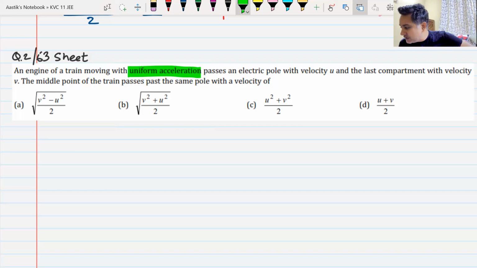The last bogie, the last compartment, passes the same pole with a velocity v.